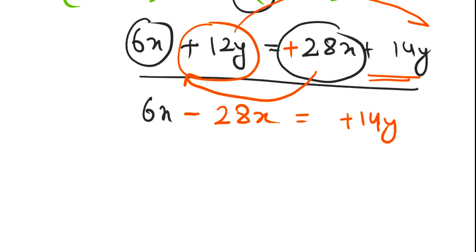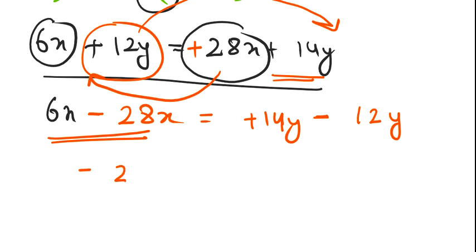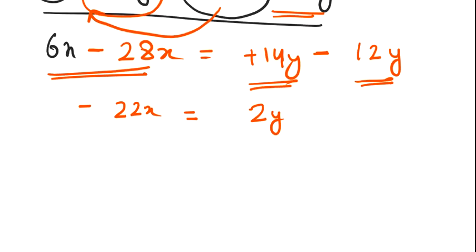When I take this plus from this side to this side, plus will become minus 12y. Clear? So after doing the calculation, it will become minus 22x equals to, now what is the value here? It is 2y. Clear?